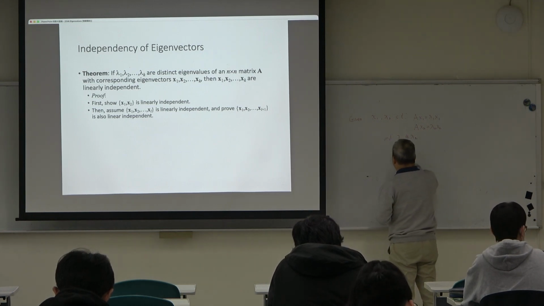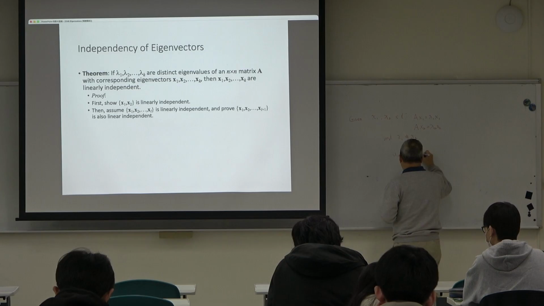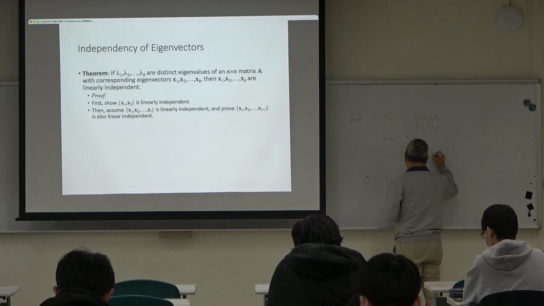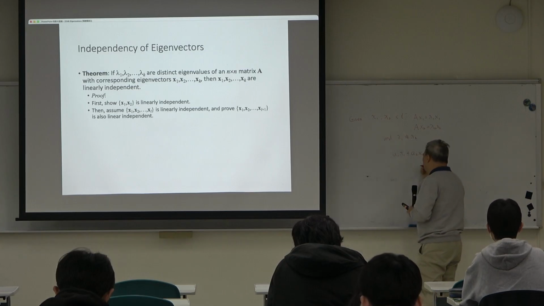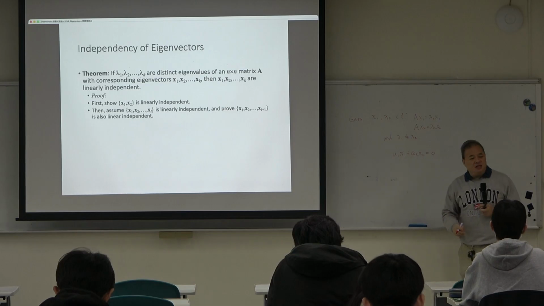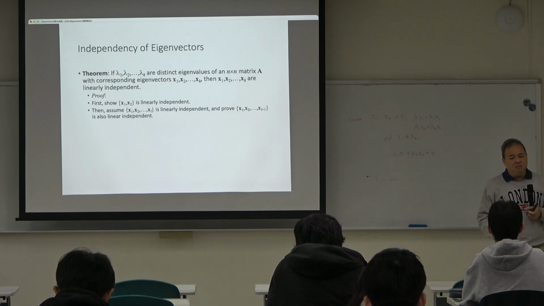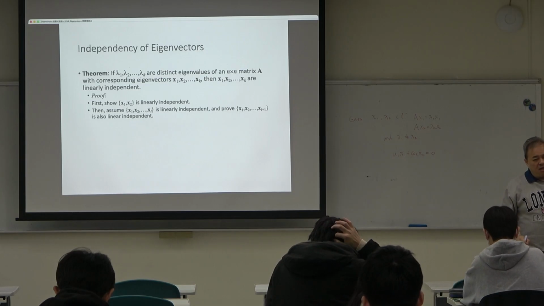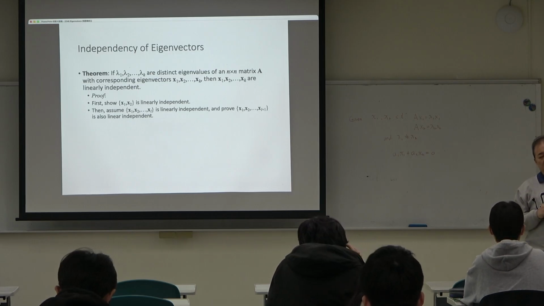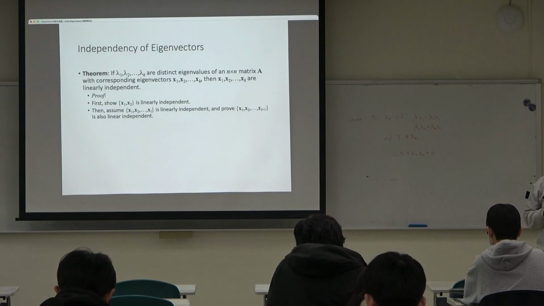Then basically we need to take a1 x1 plus a2 x2 equal to 0, and we need to show that the only possible case for this equation to hold is a1 equal to a2 equal to 0, right?